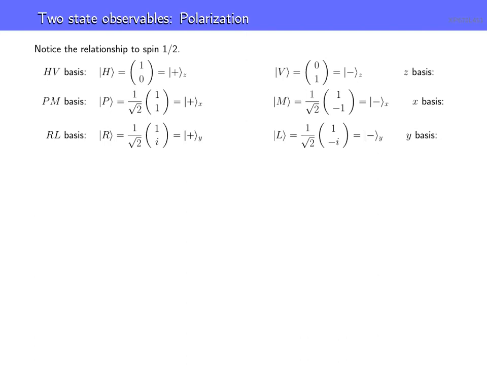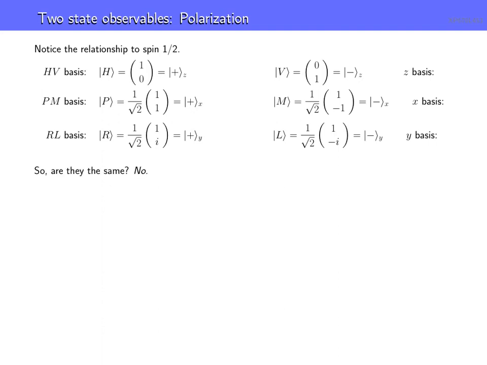This is how we define those kets. And so there's this one-to-one mapping, or this isomorphism, if you will, that the polarization and spin half Hilbert spaces are isomorphic. So they're the same. That's what we mean. Then the mathematics is the same in the Hilbert space of those two.